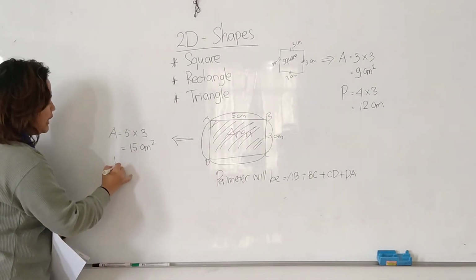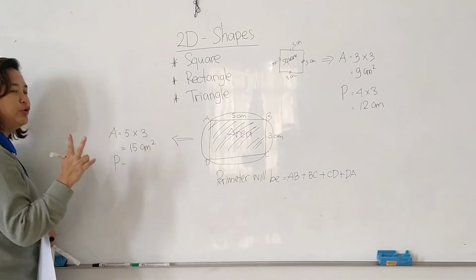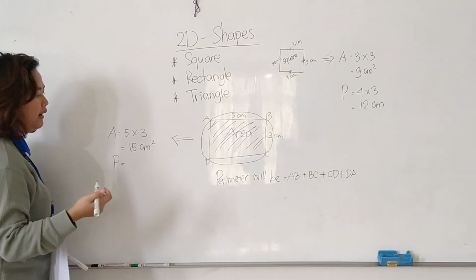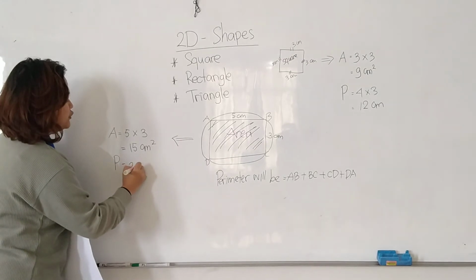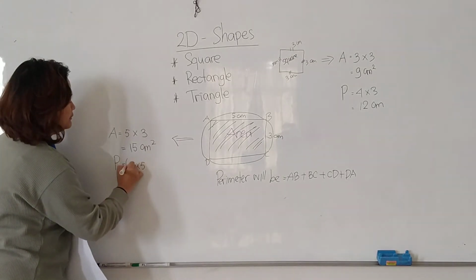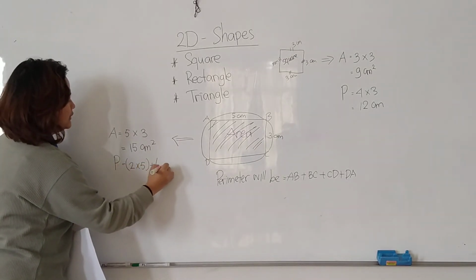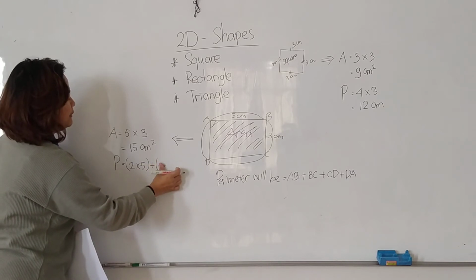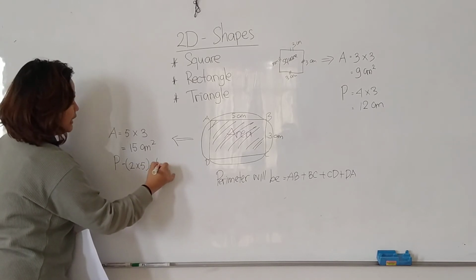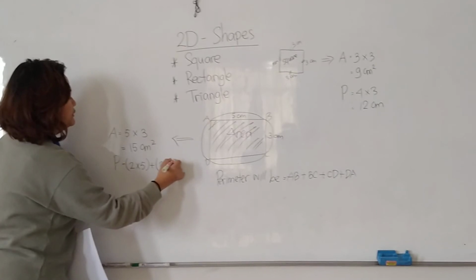What about perimeter? Since we have two 5s and two 3s, you just multiply it. 2 multiplied by 5 and then you add 2 multiplied by 3.